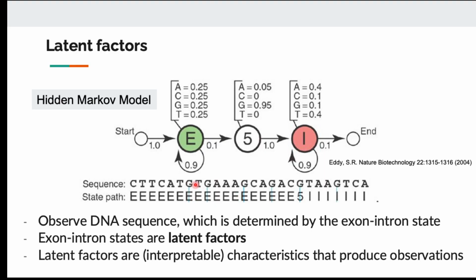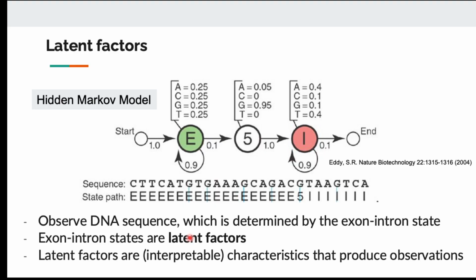But we want to make inference about which part of this sequence corresponds to the exon, which part corresponds to the intron, and which part is my 5' splice site. In statistics, you can call these hidden states latent factors.